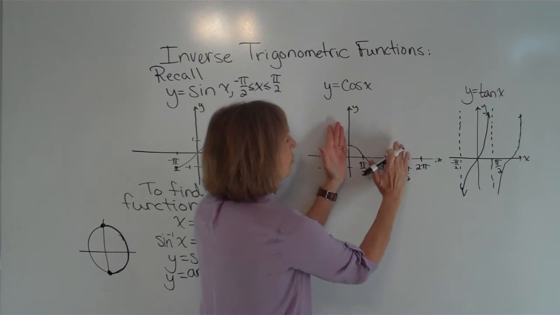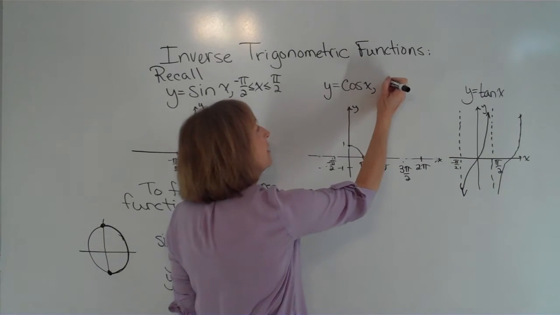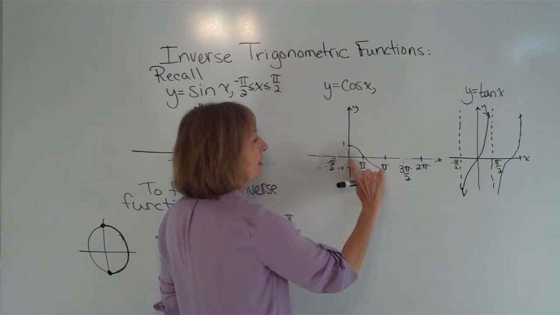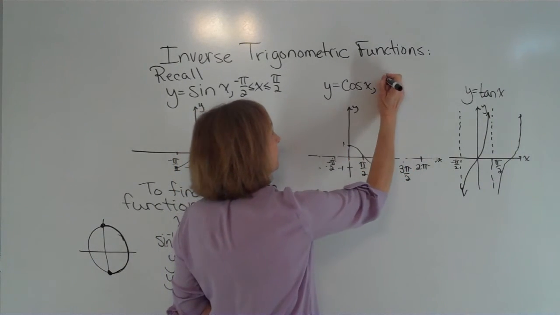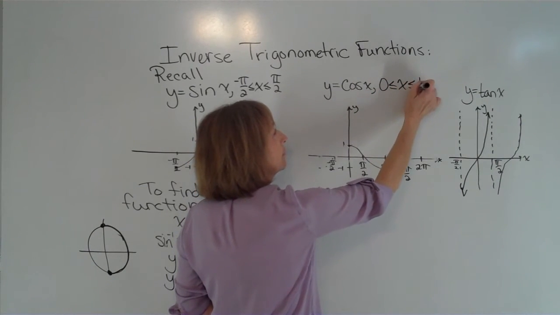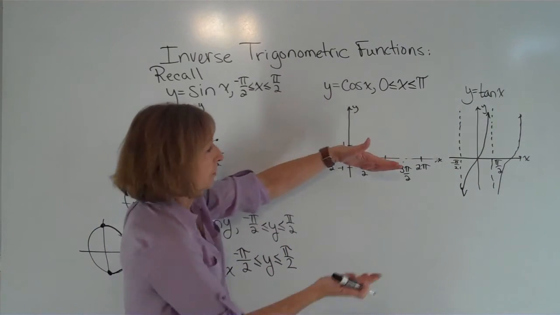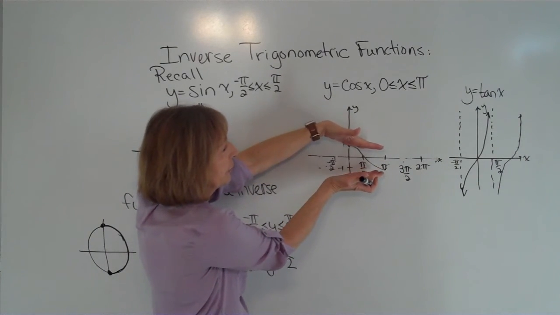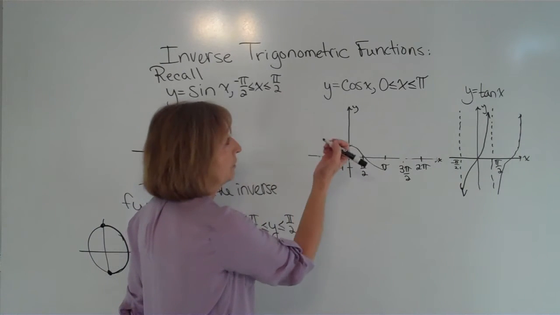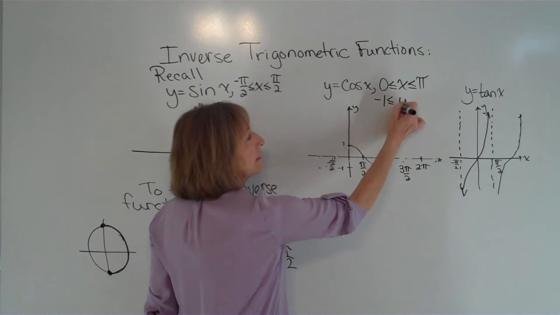So the restriction on the cosine function is that my angle is between 0 and pi. And it doesn't hurt to put what the range of the function is for cosine, which also would have been the range for sine. That's from -1 to 1.